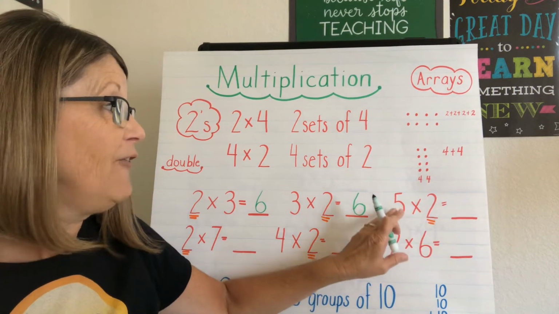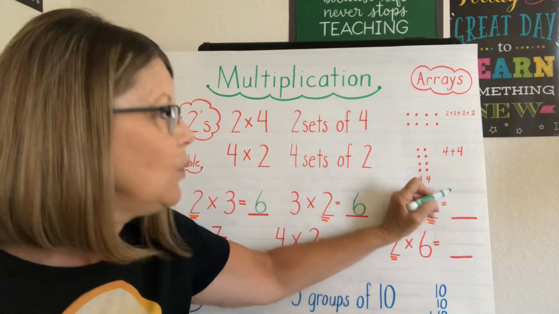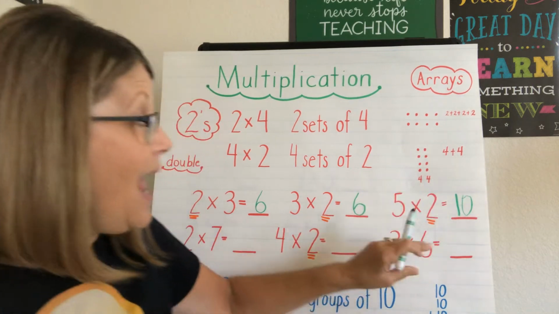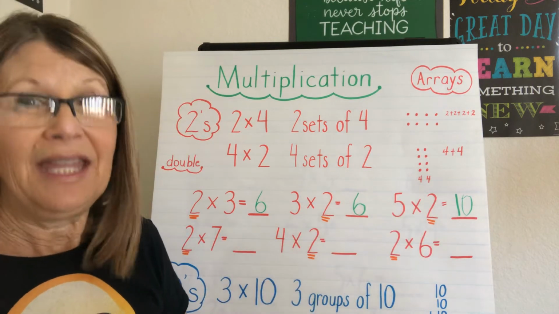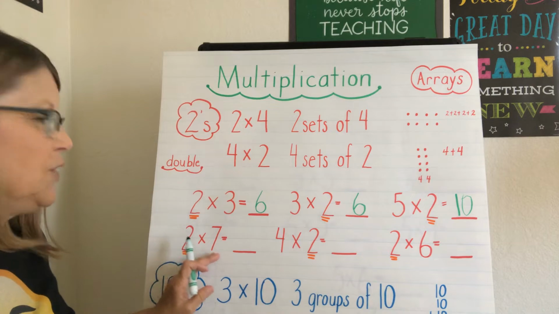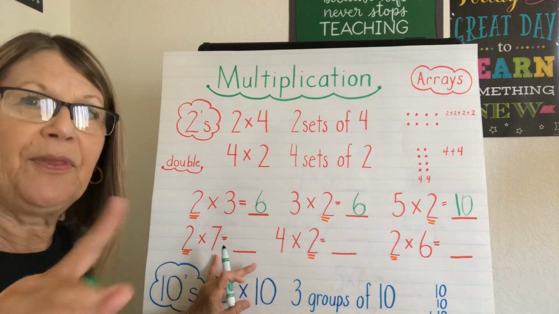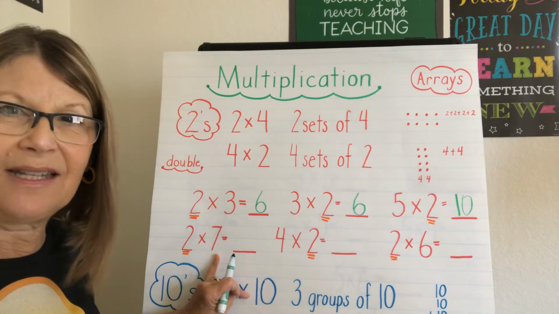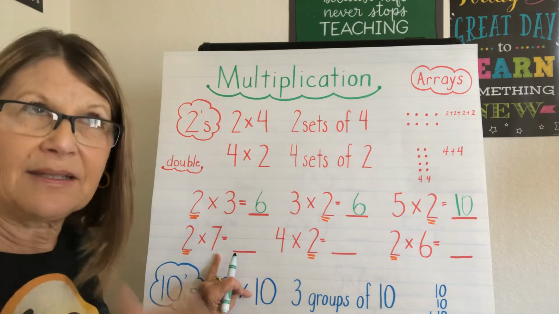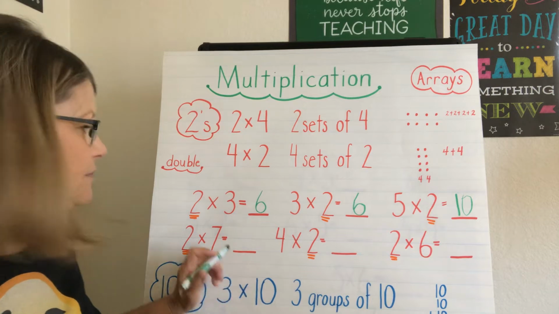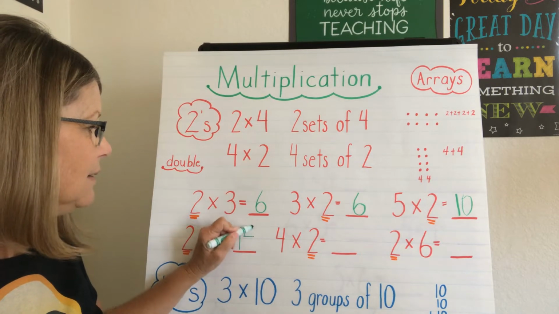This means 5 plus 5, which is 10. And 5 times 2 equals 10. 2 times 7. I'm going to look at my number, not the 2, but the other number, 7. In my head, I'm going to think 7 plus 7, which is 14.